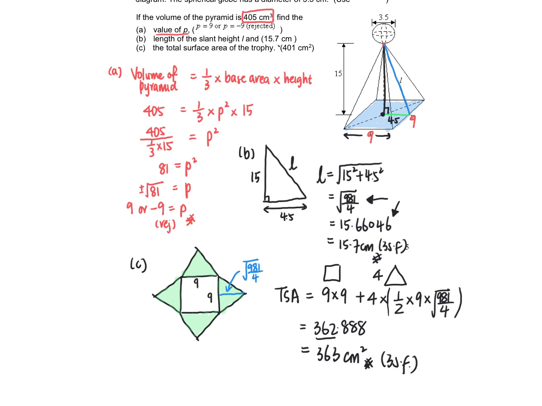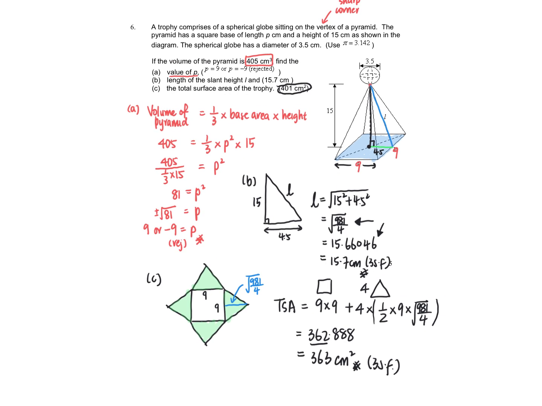Okay, the answer here is different. Let me check my answer one more time. Half times base times square root. Yeah, correct. 363. Okay, so if you are asked a question like that, it's very simple because, oh, wait. No. Because the trophy includes the sphere on top.